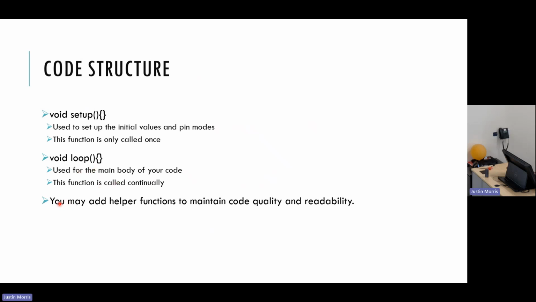So I do encourage you to add helper functions in order to maintain your code quality and readability, not just for yourself in the future, but also for any partners that you're working with on these labs. And this is a skill that you need to build and maintain throughout your lives, because when you go into industry, you're not the only one looking at your code, right?